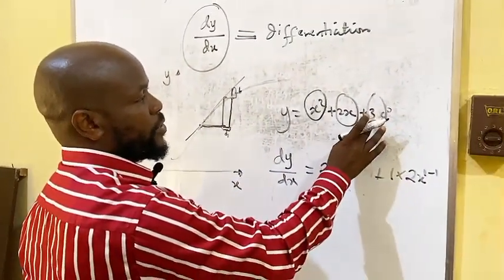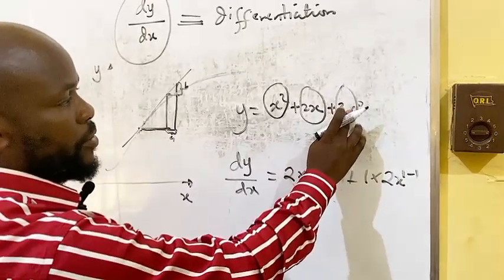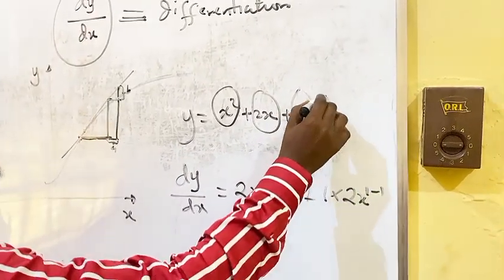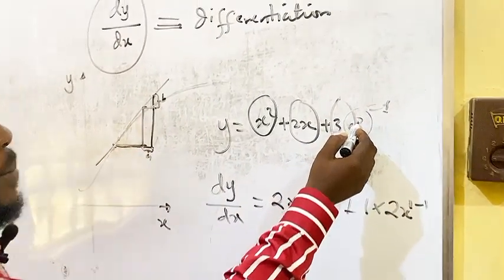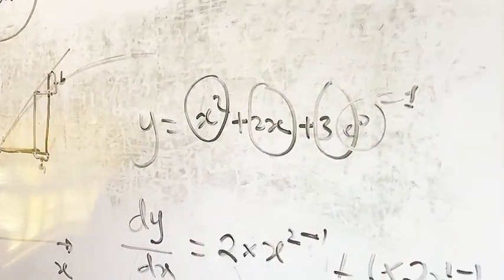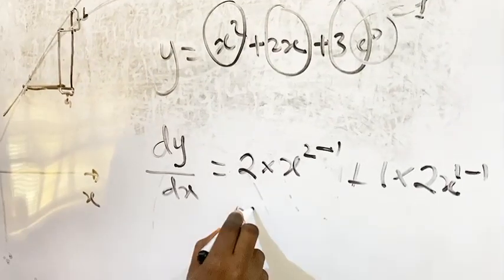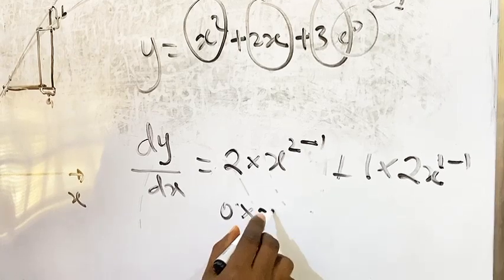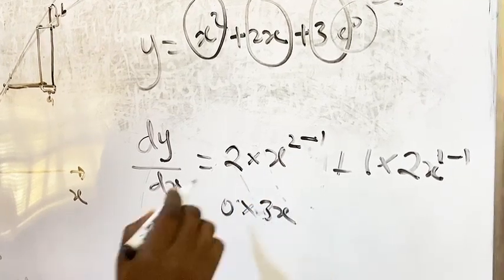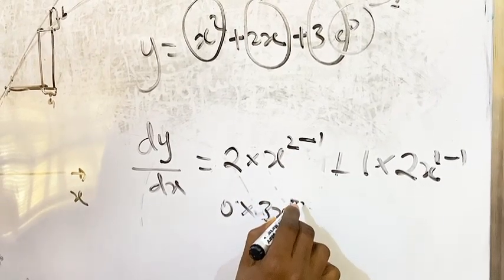So it's not as if there's no x here, but the power of x here is 0, and of course x to the power 0 equals 1. So we multiply this term by the power of x here, which is 0, and that will be times 3x. Of course, this is 0 minus 1.